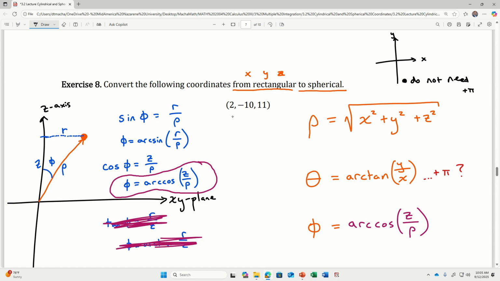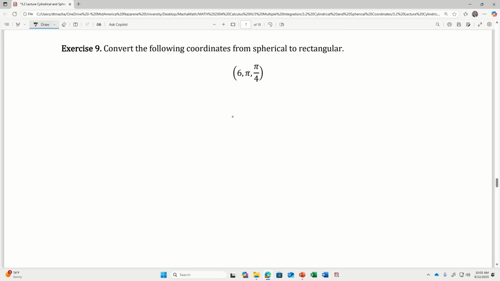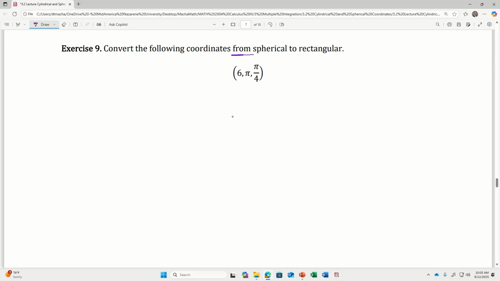So I don't have to worry about this part. Okay, now let's convert these coordinates from spherical to rectangular. That means these are given to me as rho, theta, phi. But I need to calculate x, y, z.